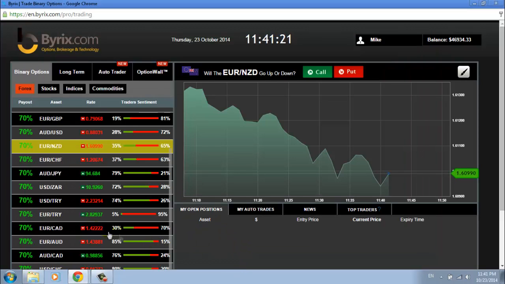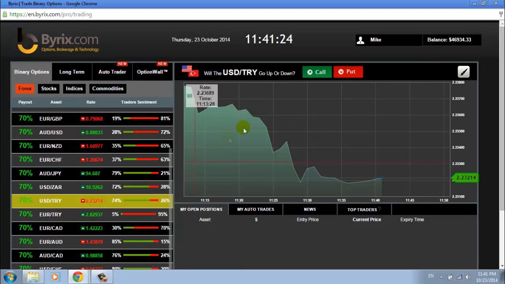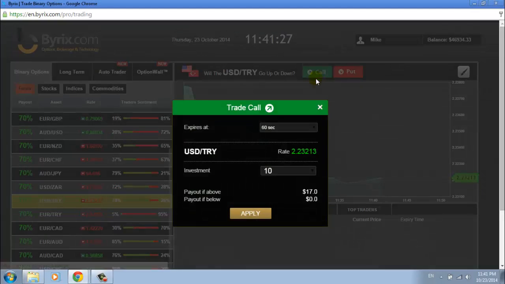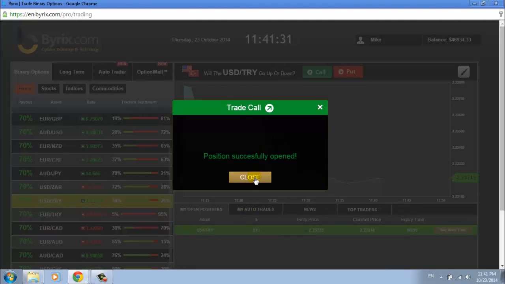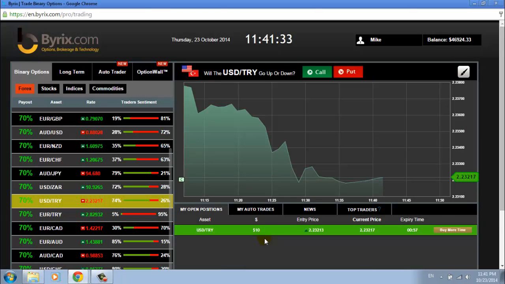Back to the platform. Let's pick that pair and click on the green button, just like the arbitrage tool told us. 60 seconds, $10 is default, apply, and then click close. And we have another position on. So let's wait and see how that position comes out.